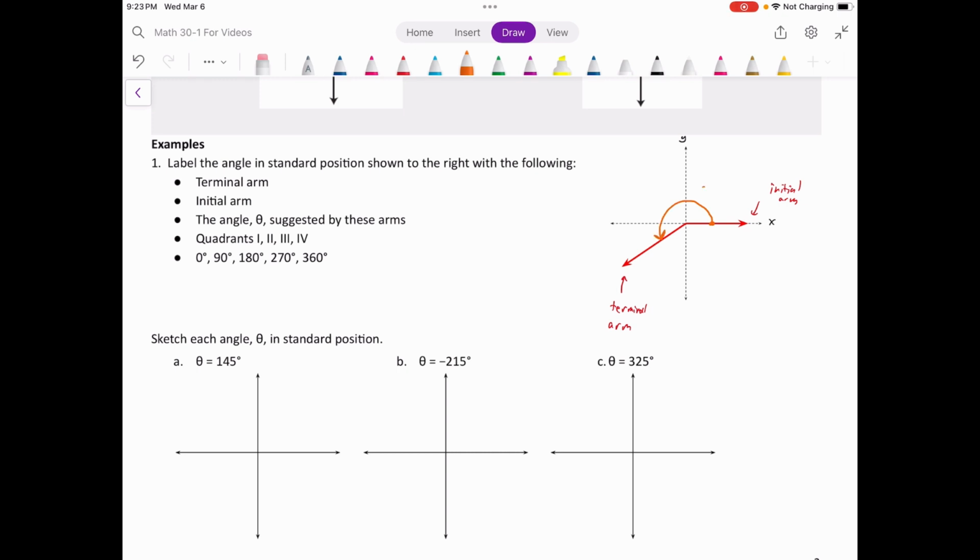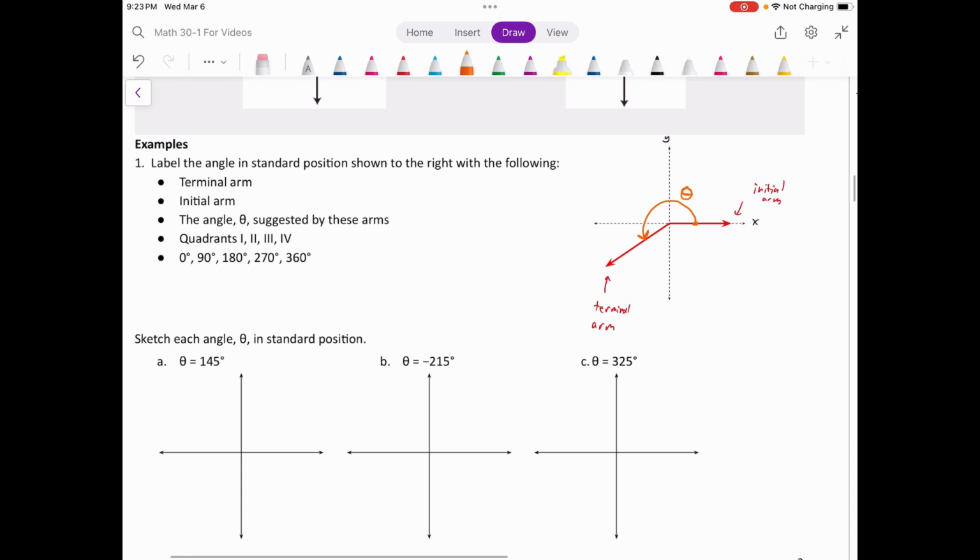And whatever angle we've rotated through, that is our angle theta. Greek letter, theta. Okay, quadrants 1, 2, 3, and 4. Well, this is why they have the numbers quadrant 1, 2, 3, and 4, because if we're rotating in the positive direction, we start here and we rotate through this quadrant first, this one second, this one third, this one fourth, before we start repeating ourselves, right?